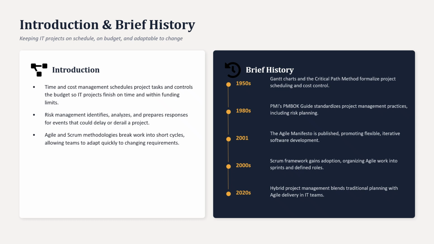In 2001, the Agile Manifesto was published, promoting flexible, iterative software development. Through the 2000s, the Scrum framework gained adoption, organizing agile work into sprints and defined roles. And today, in the 2020s, hybrid project management blends traditional planning with agile delivery in IT teams.